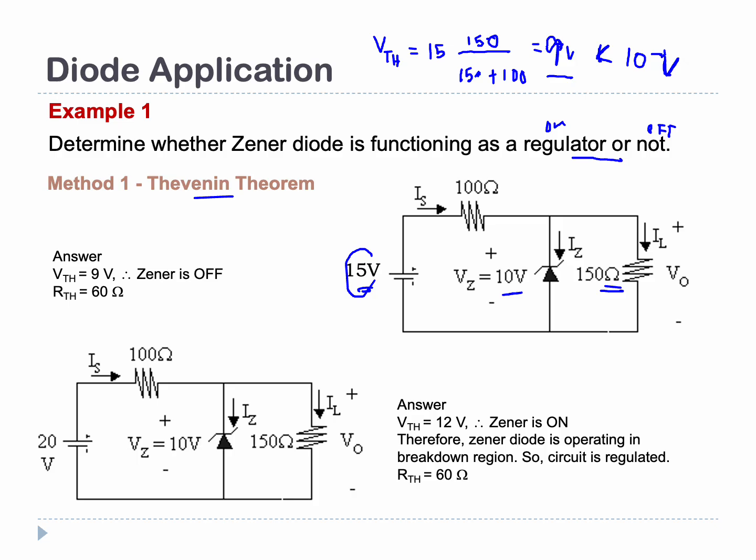So our Zener is off, you can see the answer here. And what is the value of R Thevenin?